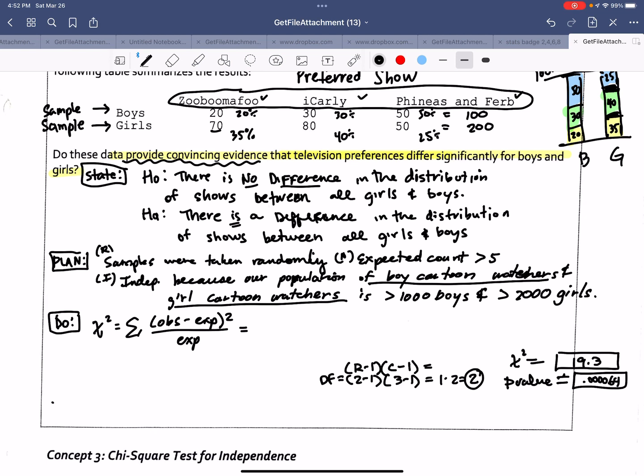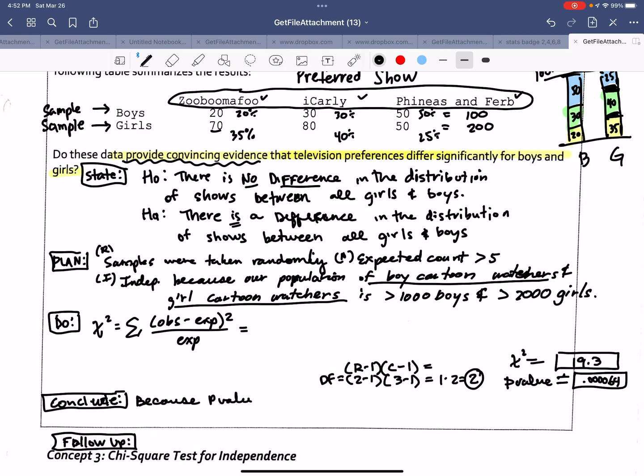All right, so we now know we're going to have a follow-up. We're going to have to say, wow, somebody was watching this show way more than expected, or nobody was watching this other show in the girls, okay? Or the boys, whatever we're going to conclude here. We're going to find out where we get this. But first, let's finish off our conclusion.